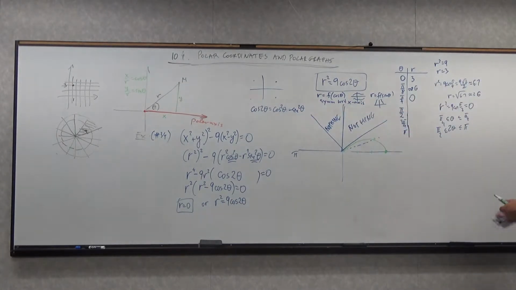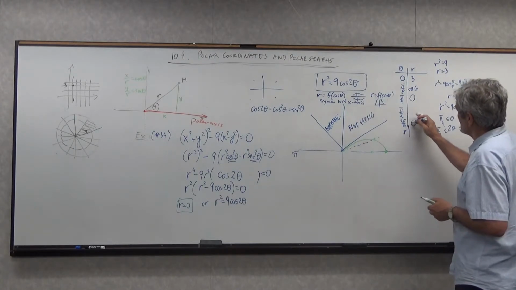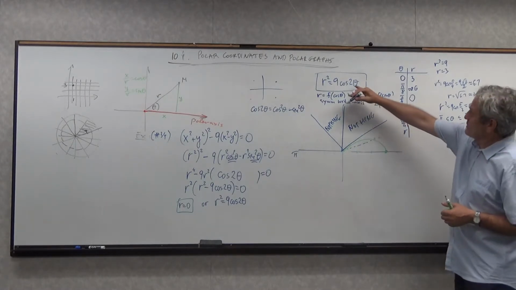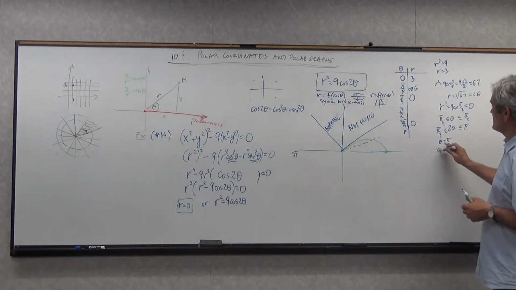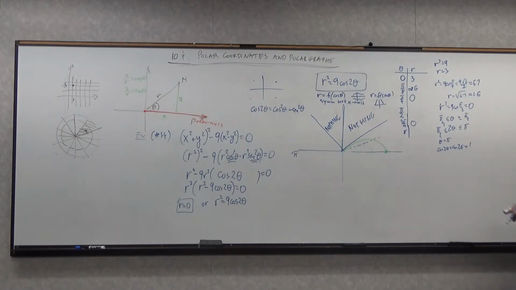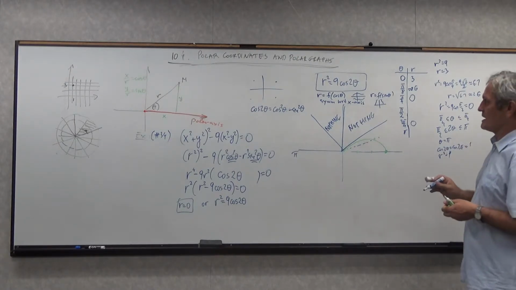And then at 3 pi over 4 I got 0 again. And then what happens here at pi, basically when I double it, when theta is pi, cosine 2 theta is cosine 2 pi, which is 1, so I get r squared to be 9, so I get my 3 back.